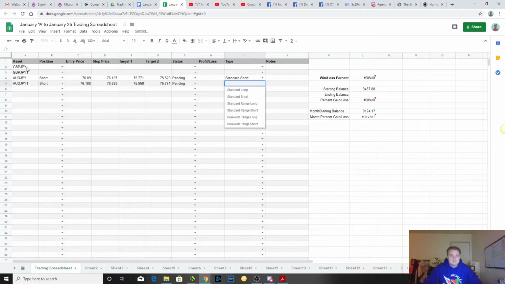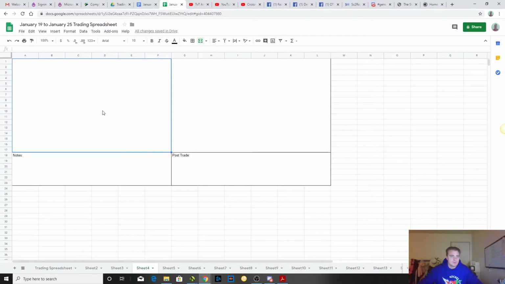That's better. This is a standard range short. So there we go. Go to sheet 4, 2, yeah, pound yen, Aussie yen.